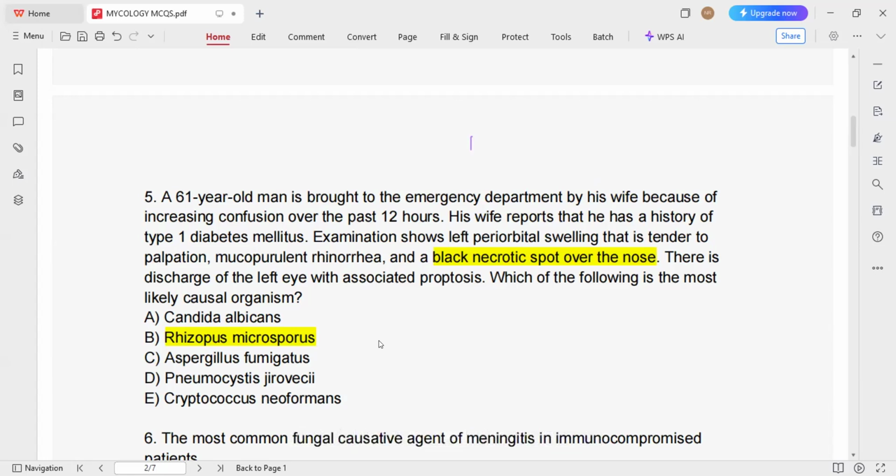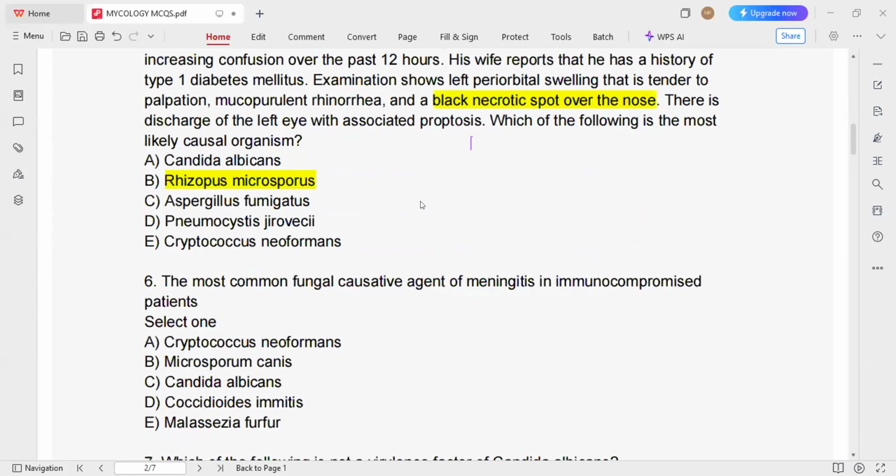Don't confuse it with bacterial vaginosis, which has a white discharge and a fishy odor. That is bacterial in nature. Fishy odor is bacterial; cottage cheese appearance is Candida.